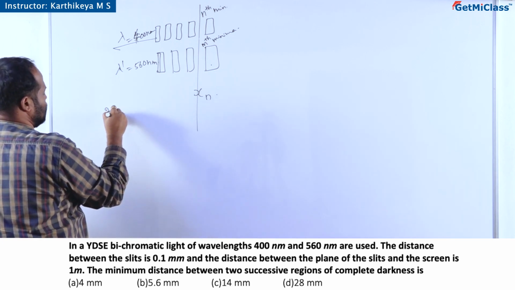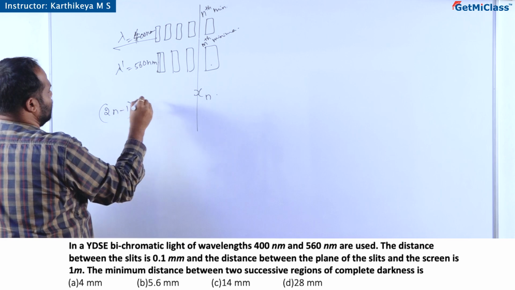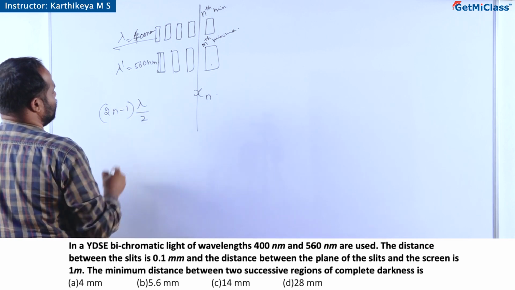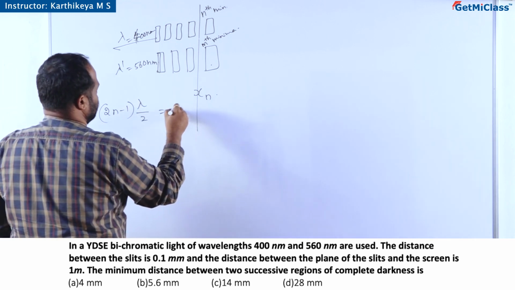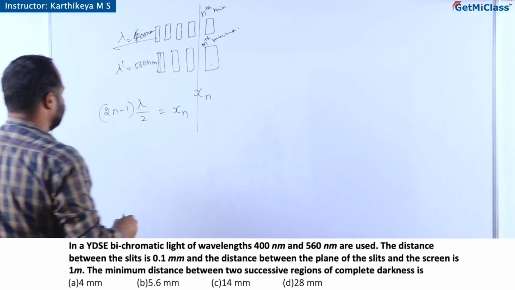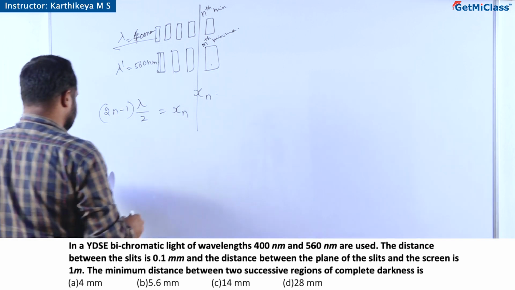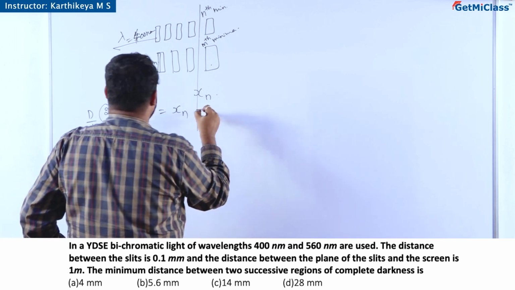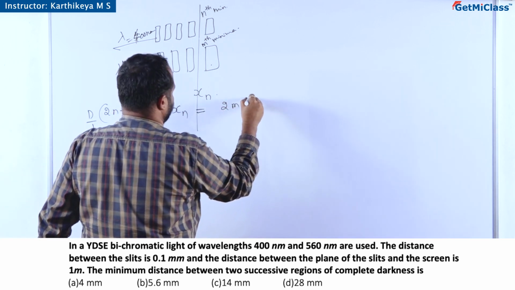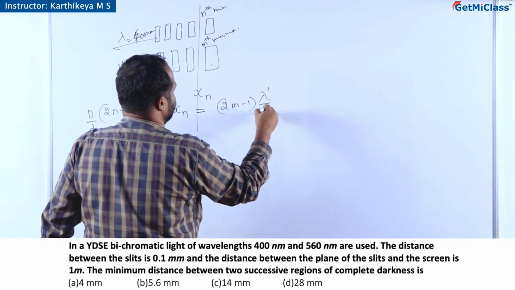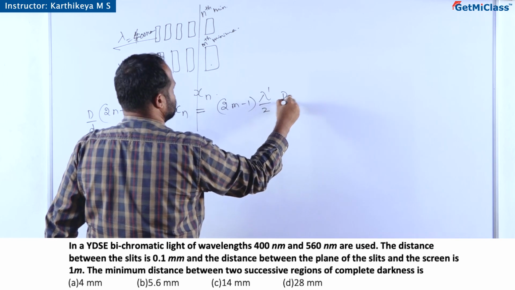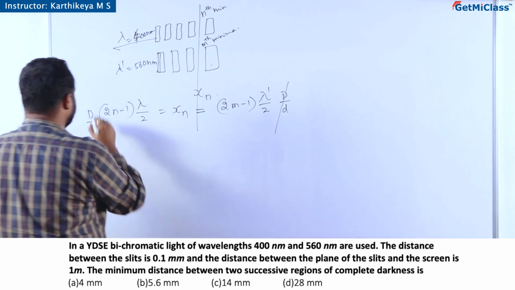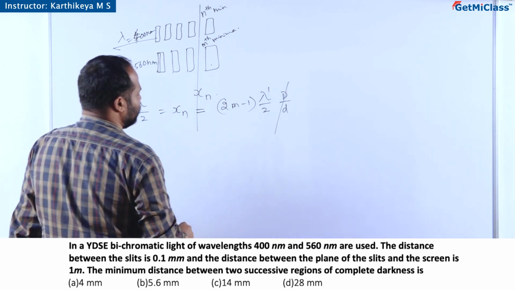So that is 2n minus 1 lambda by 2 at the position xn, of course that is D by d, and this is 2m minus 1 lambda dash by 2, the position D by d. So D by d cancels off.